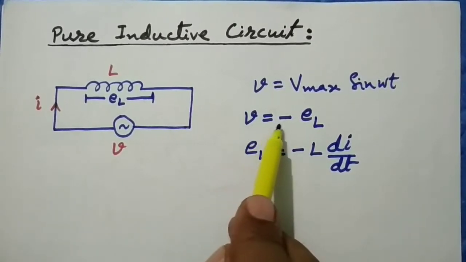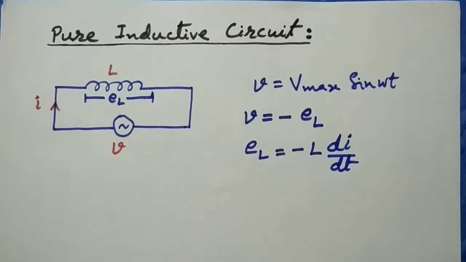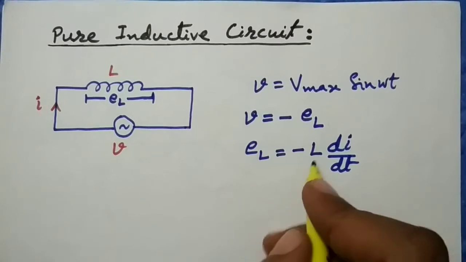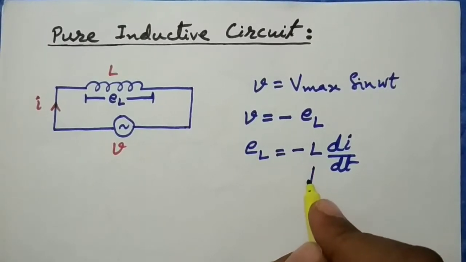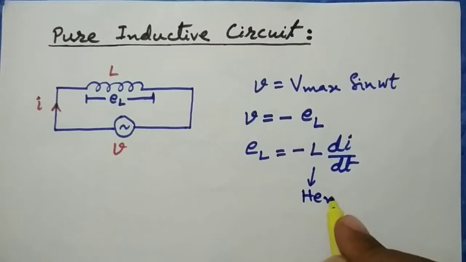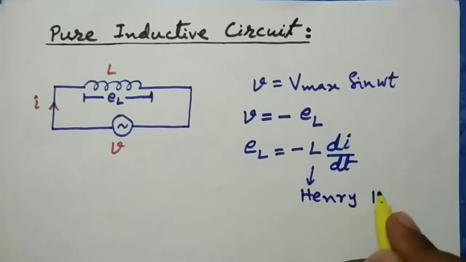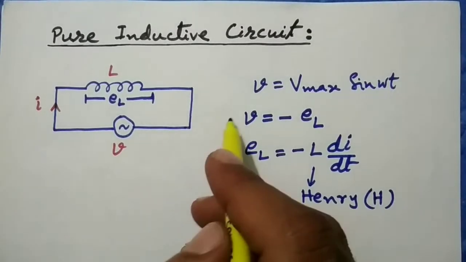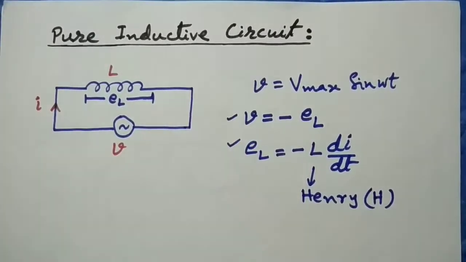So here V is equal to minus EL. The unit of L is Henry, in short form H.